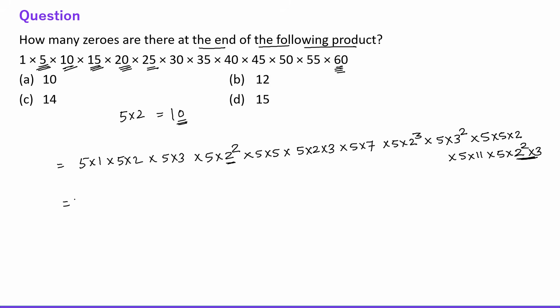Now let's try to count. Here 1 I have left, so you may include it, but that won't affect this product because multiplying with 1 does not change any value. So just count the number of 5s: 1, 2, 3, up to 14.